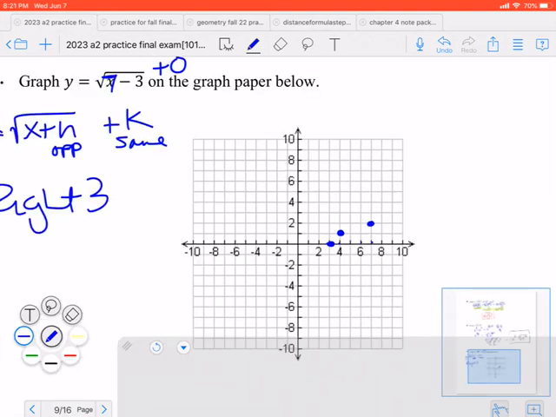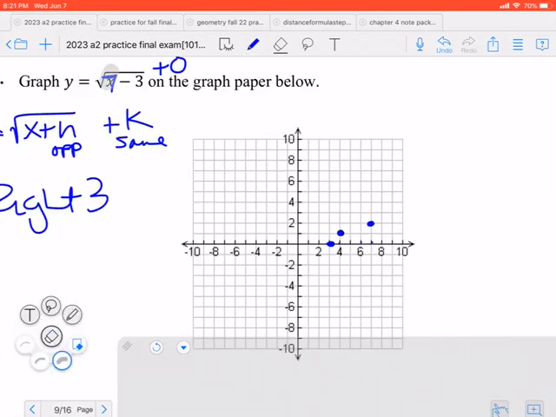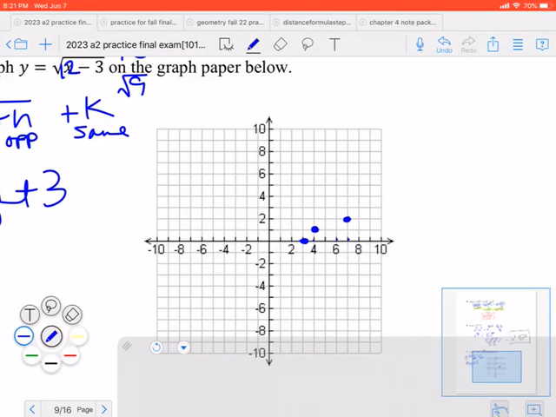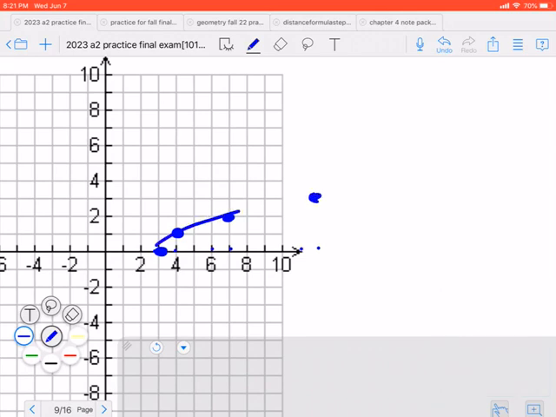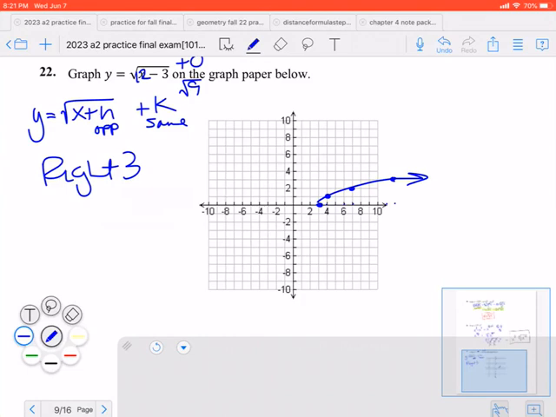And then my next perfect square number would be 9. So that means I would have to plug in x as a 12. 12 minus 3 is 9. The square root of 9 is 3. So if I go over 12, then it's up at 3. There we go.